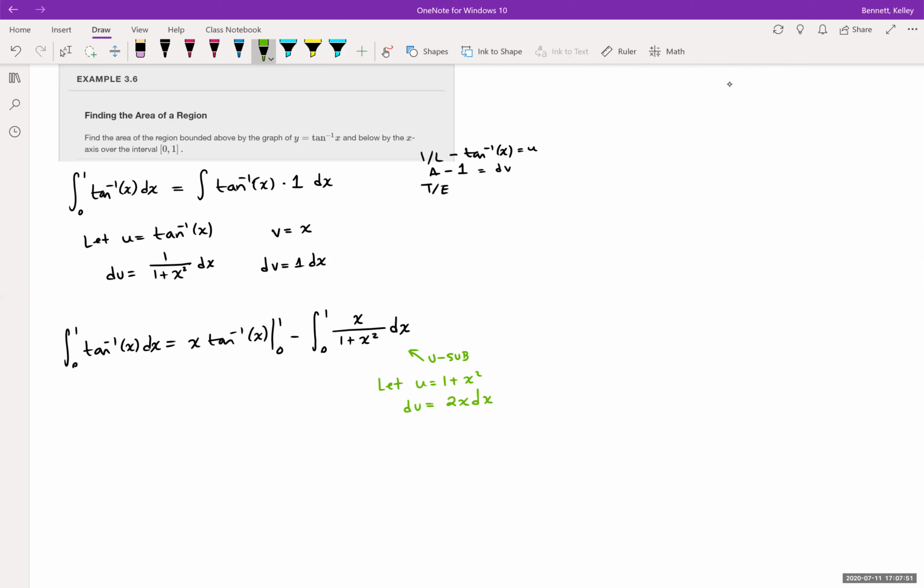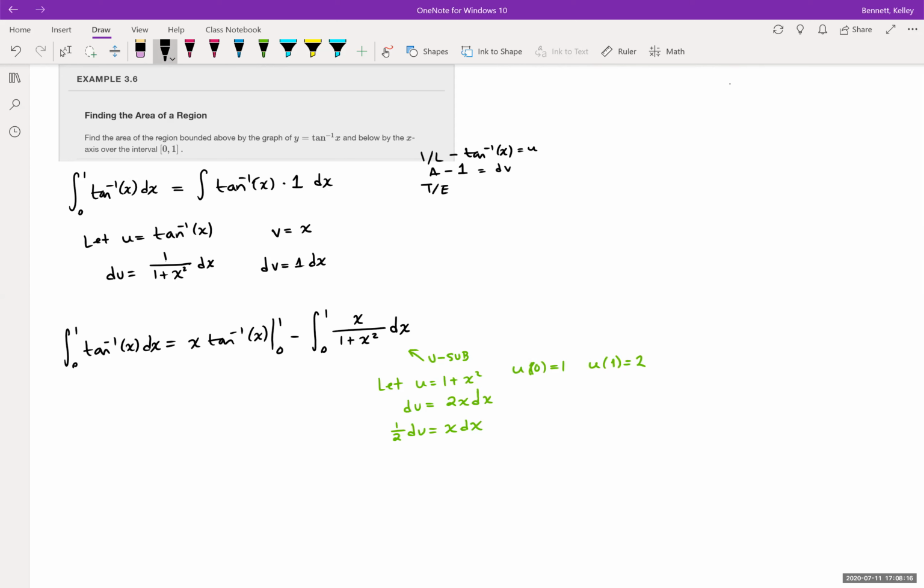I don't have a 2x, so I'm going to say that 1/2 du equals x dx, because I do have an x dx. And then I'm going to change my limits of integration. So when x is 0, u is 1 plus 0, so that's just 1. And then when x is 1, u will be 1 plus 1 squared, which is 2.